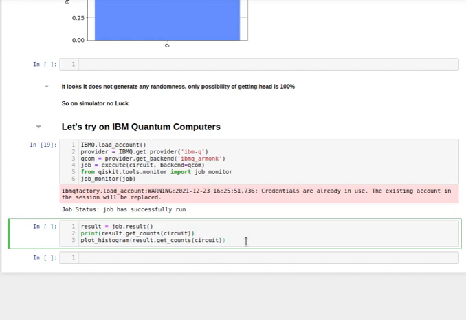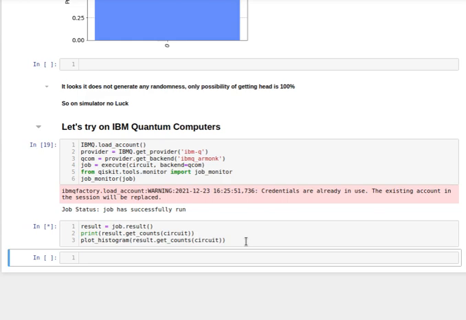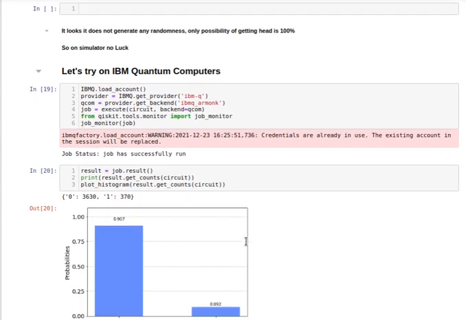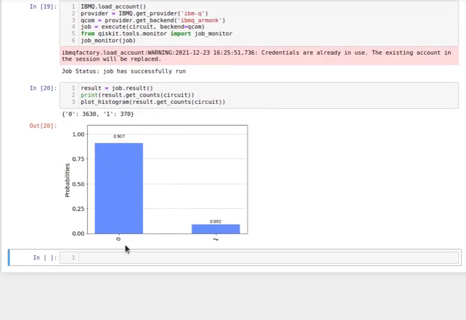So let's plot the diagram. Okay, so we get that the probability of getting head is much higher here, and the tail is less, which is quite different from every other scenario, to be honest.